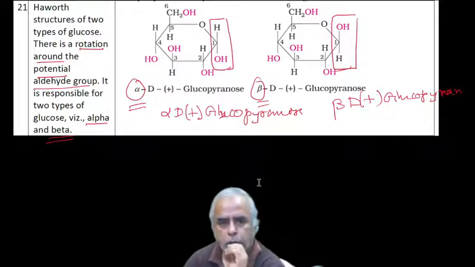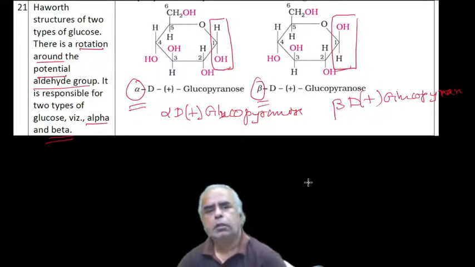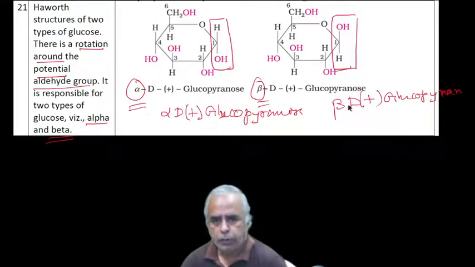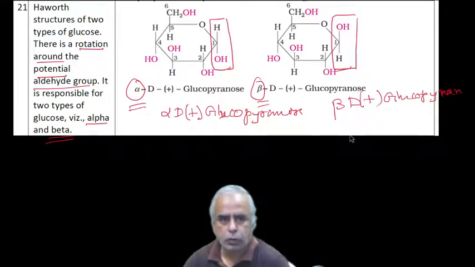Right. Now we will elucidate the structure of glucose. We need to justify, or we have to show the evidences of the structure for glucose. This is called structural elucidation. Take down. Structural elucidation of glucose.